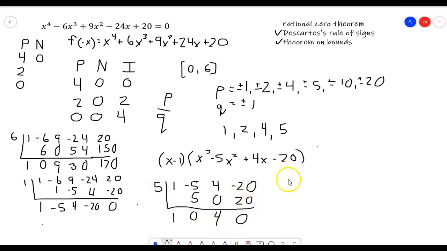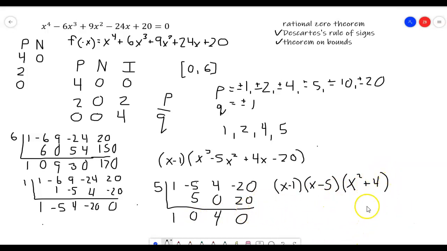Which means that if I now pull out the x minus 1, which I already had, and the x minus 5, which is my new factor, I am just left with, instead of an x cubed, now I go down to a 1x squared. There is no x term, and then I just have a plus 4, right?